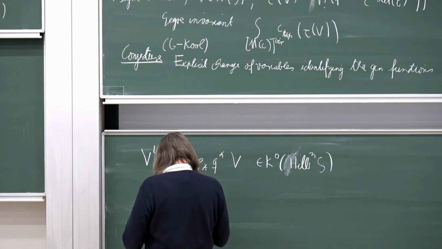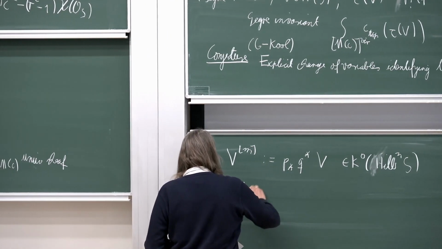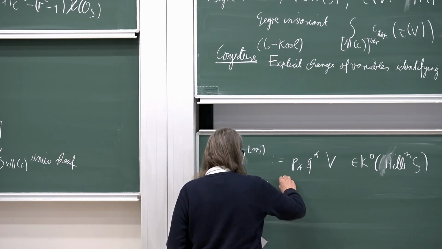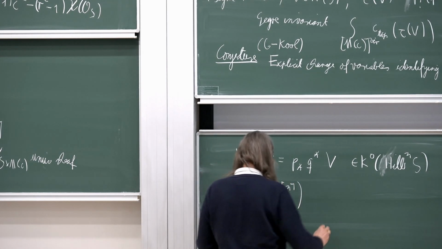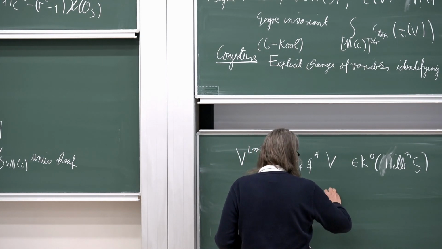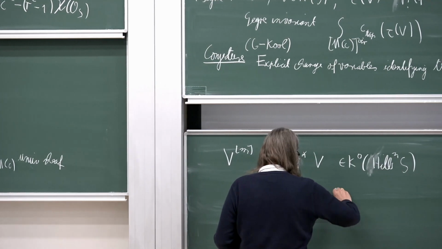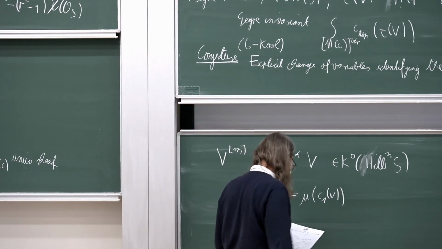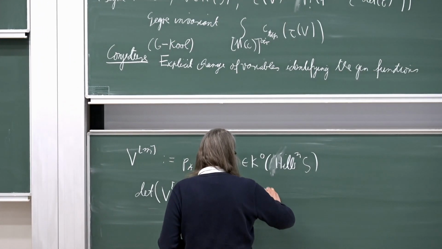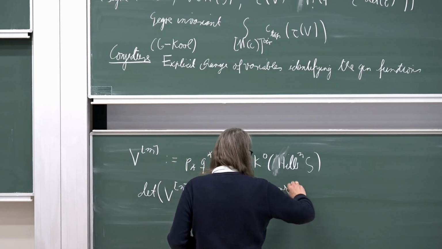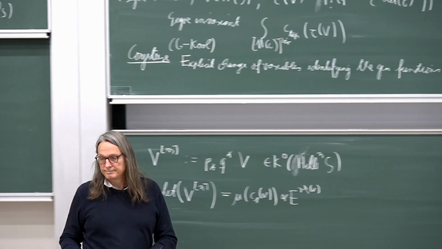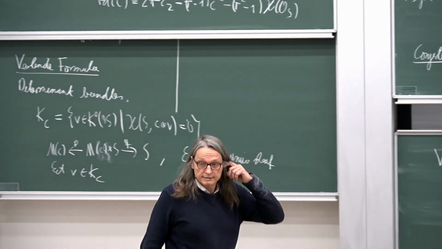And we actually find that if we take the determinant of this vector bundle, this will be in our notation mu of the first Chern class of the tensor E to the rank of E. Okay, so this is how it comes here.